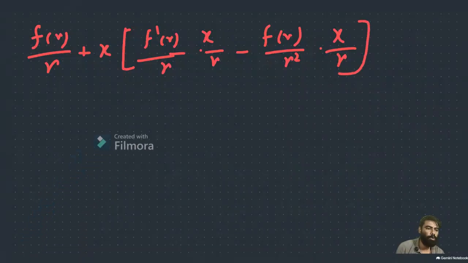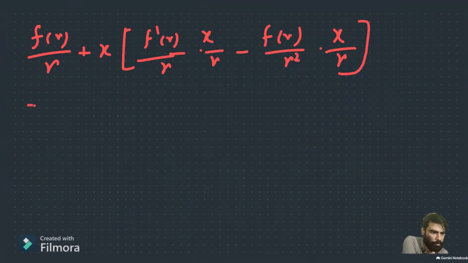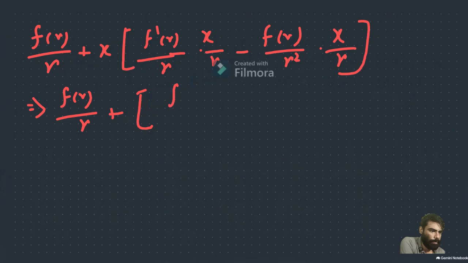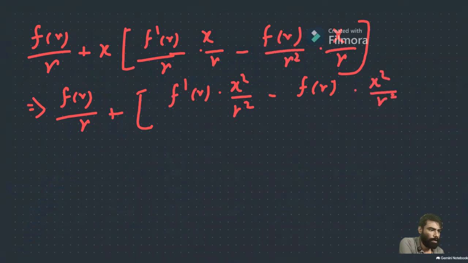Now we can do more simplification of this. We get f(r) by r plus f prime(r) into x square by r square minus f(r) into x square by r cube.